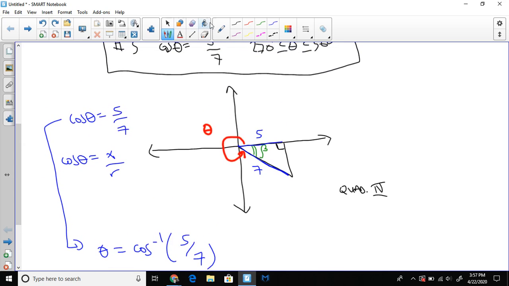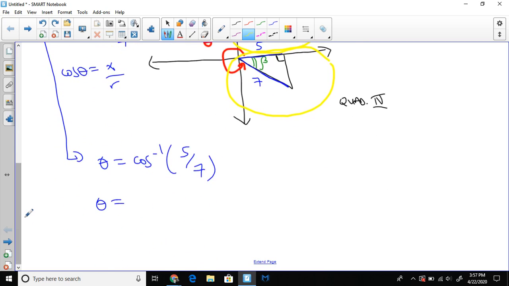Cosine is positive right here and here. So our calculator is either going to give us an answer in this section or in this one. So let's see what it does. So again, take out your calculator, plug it in, and let's see what happens.